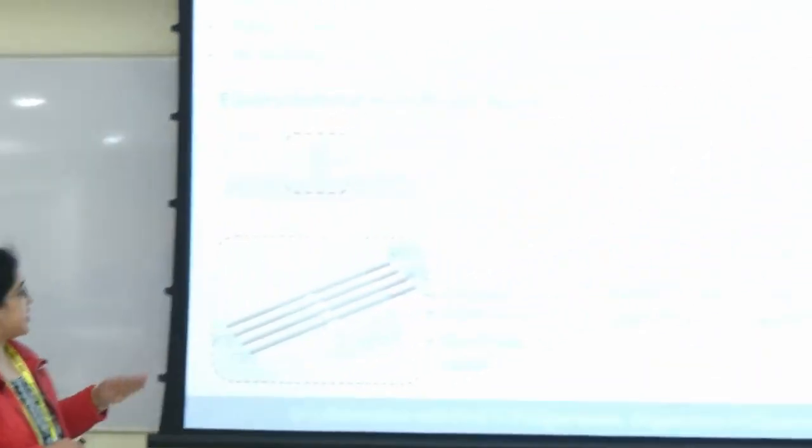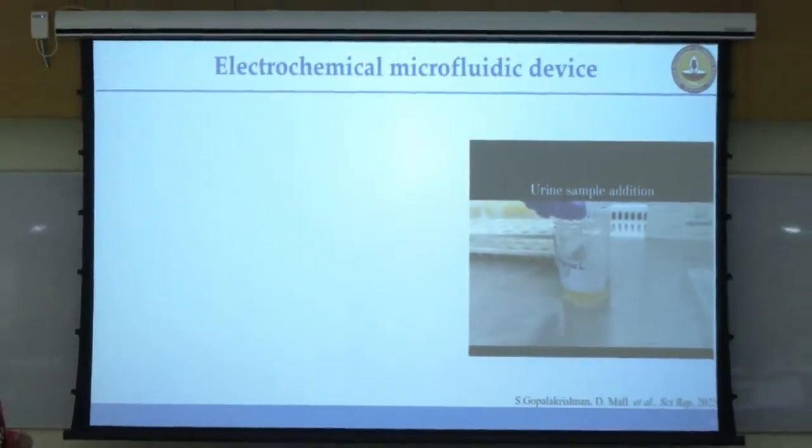On top of that we put the microfluidic device, which has an inlet and an outlet. We introduce the bacteria at the inlet, and the outlet channel is for flushing out. Then we attach the electrochemical device.